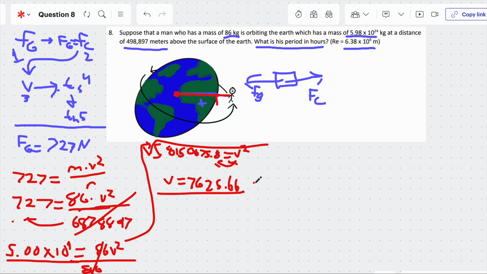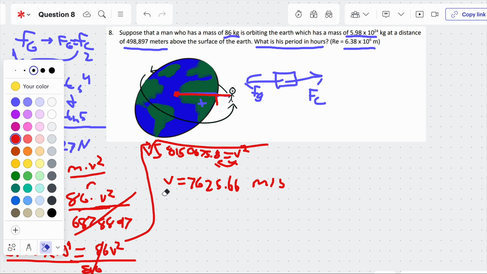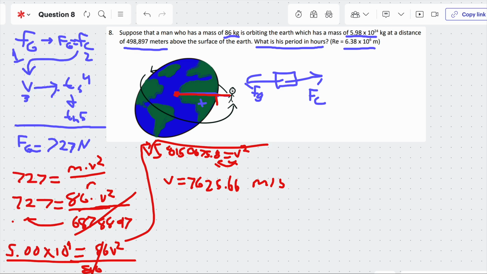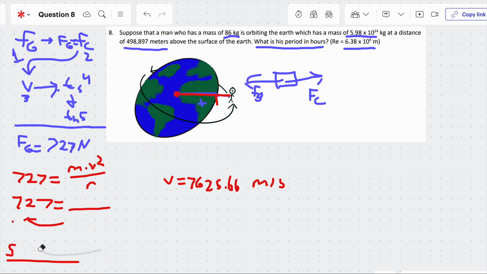Woo, and that's in meters per second. So, hold up. Okay, now it's erasey time. That's our work. I only have so much space here, so I'm going to be erasing this.